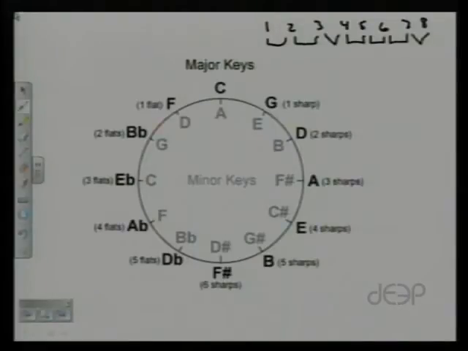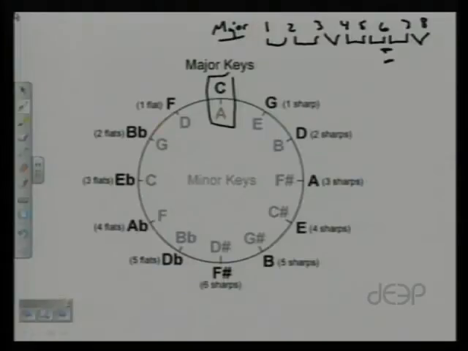And that is our major scale. And then you'll recall that we said our minor scale went from 6 to 6. And so obviously that sixth note of the major scale becomes the tonal center of the minor scale, and they're really quite closely related.